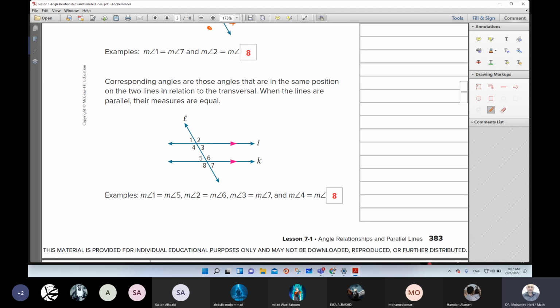Corresponding angles are those angles that are in the same position on the two lines in relation to the transversal when the lines are parallel. Their measures are equal. So what's the meaning of corresponding angles?